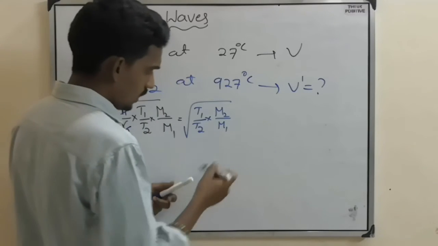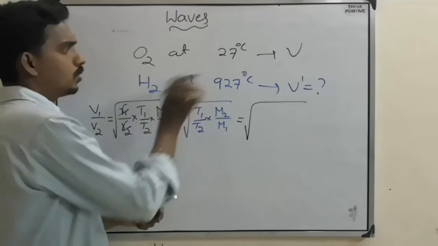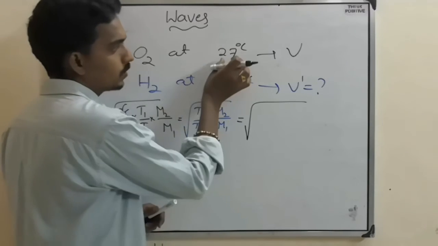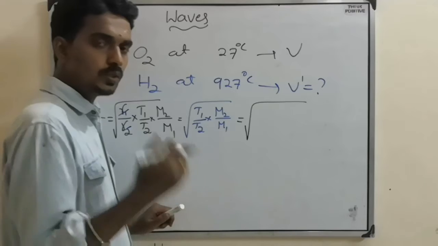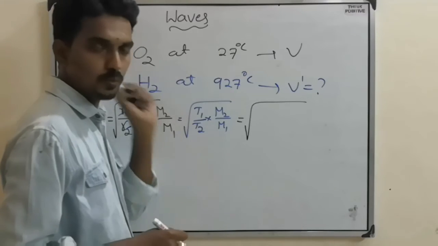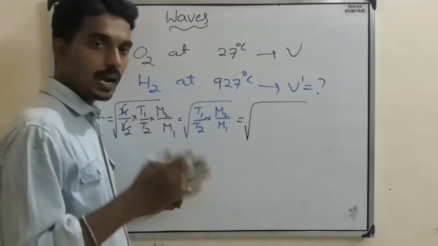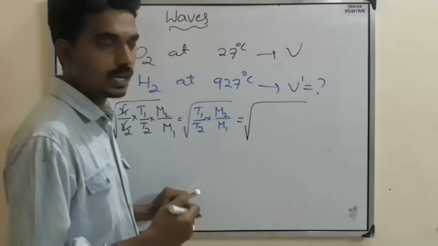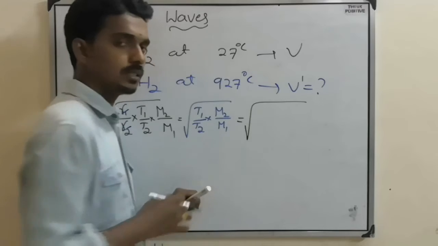Now first, under root T1. What is the temperature? 27. Most of the students substitute 27, that is the biggest mistake. I told you many times that you should not substitute temperature in degrees Celsius.